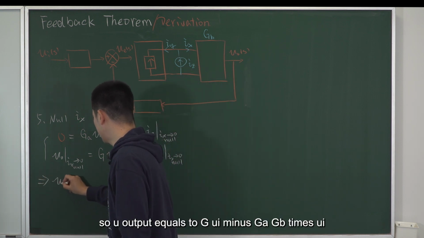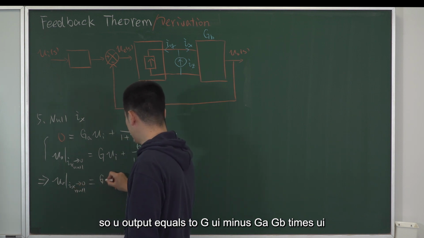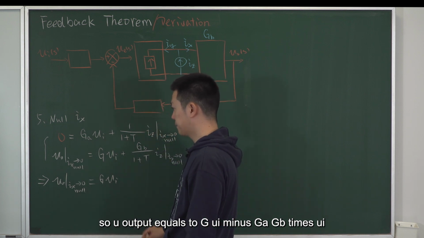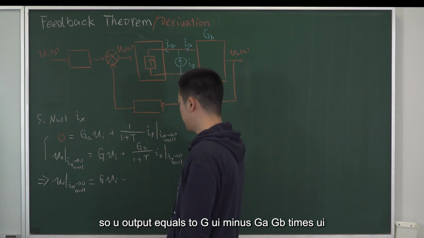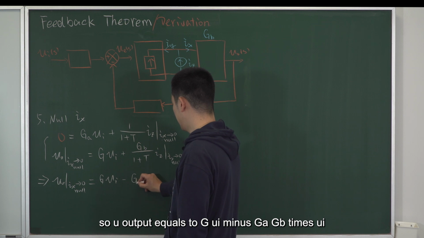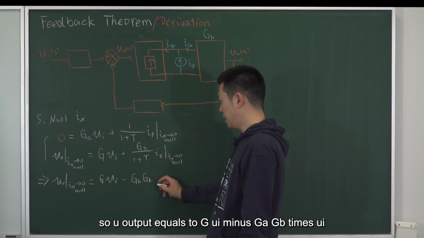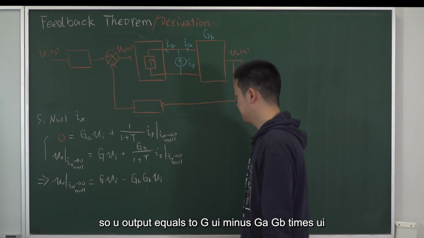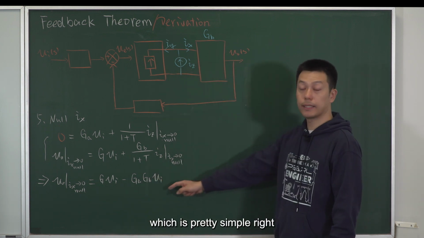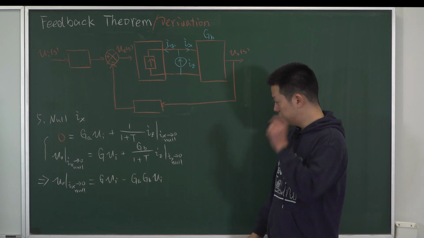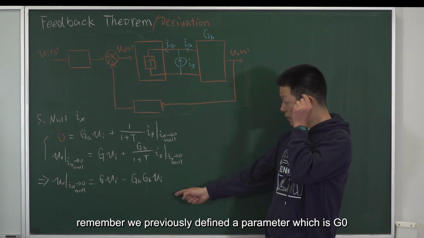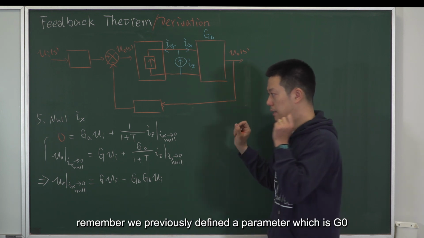So U output equals to G times UI minus GA GB times UI, which is pretty simple, right? So remember, we previously defined a parameter which is G0, right? G0.